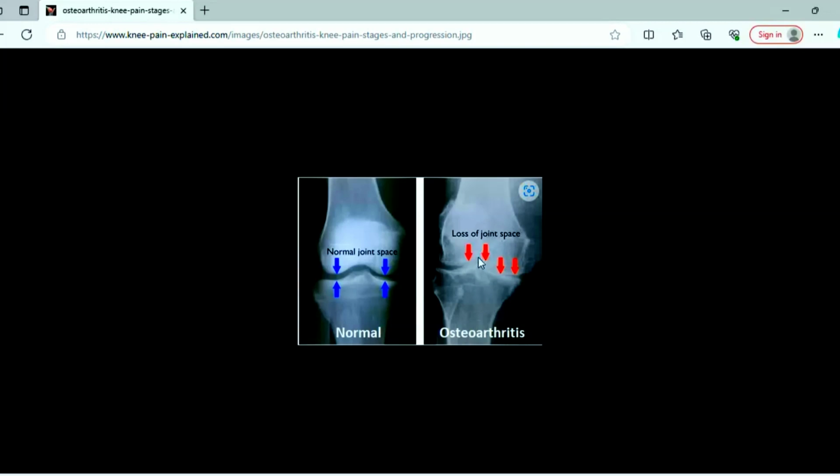In most cases the loss of joint space is partial and never complete. In this case, you can see here the regions of the bone spurs. These are the regions where the spurs are formed.